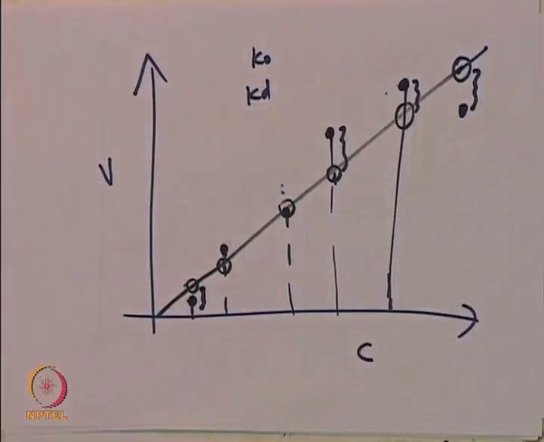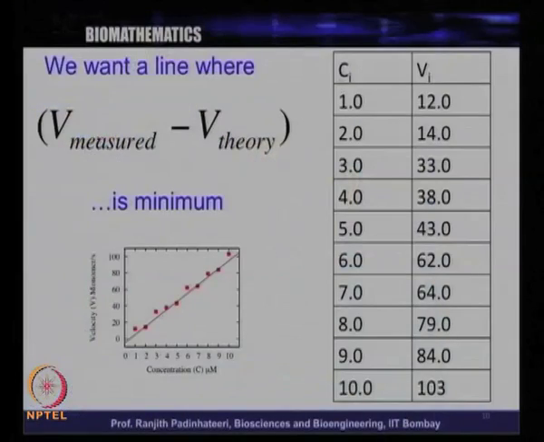So, what we want is that the measured velocity and the theoretical velocity, the difference between these two, should be minimal. So, you should minimize this difference. That is what common sense will tell you. When something is a best fit, when something is nicely fitting, there will be little difference.